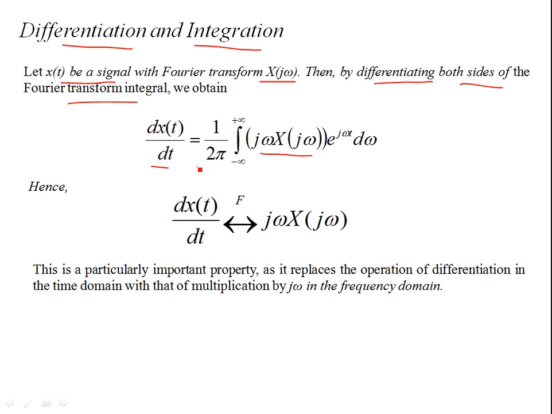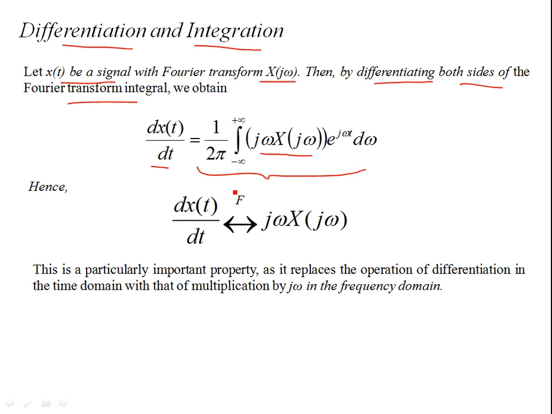So what does this equation imply? This equation is not synthesizing x(t) back, but instead it is giving you d by dt of x(t), the first differential of x(t). So that means the Fourier inverse of j omega X(j omega) is dx(t) by dt. That's the first differential of the signal.